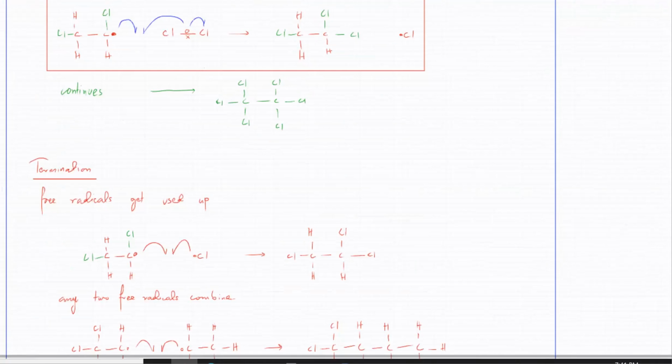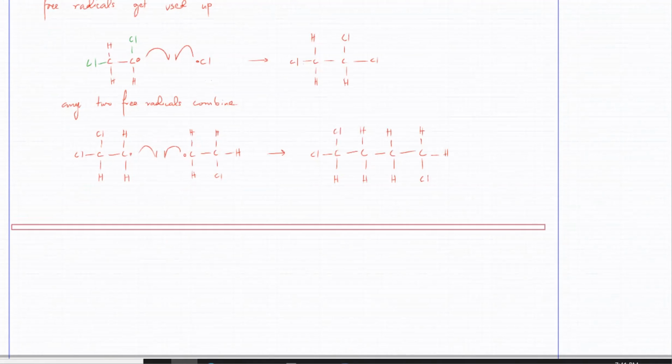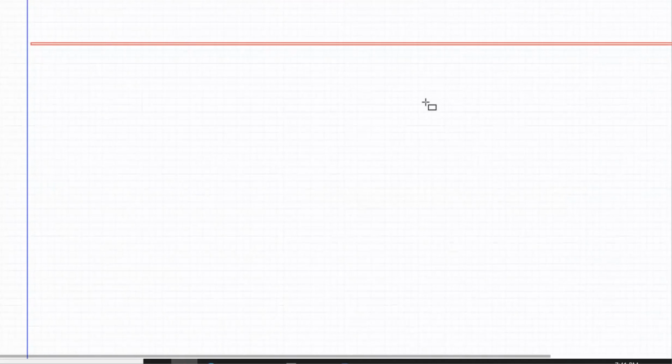So if I do the last step, let's say I do it with butane, right? Now butane is going to have many steps. So let's do butane plus Br2 plus UV light.